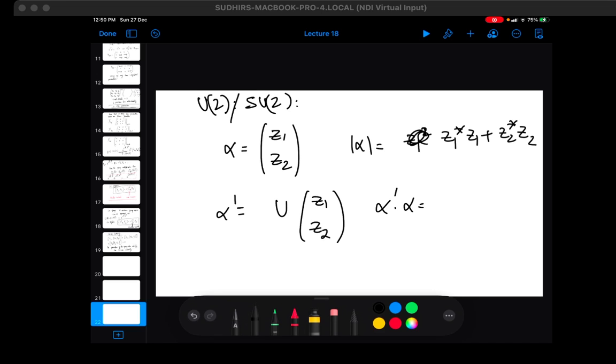What I mean by alpha dot alpha is the length of the modulus of alpha, or mod alpha, such that alpha dagger alpha is equal to alpha prime dagger alpha prime. This again implies u dagger u is equal to 1.